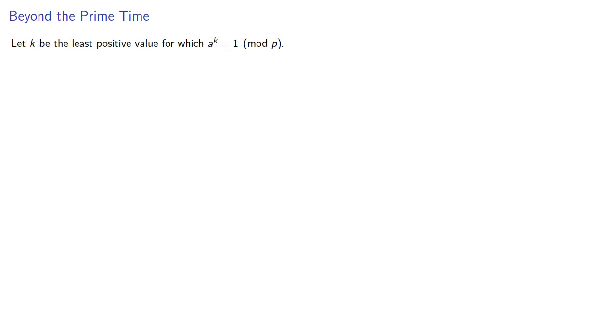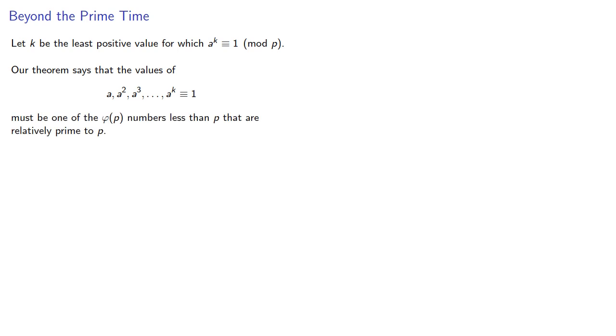So let k be the least positive value for which a to the k is congruent to 1 mod p. Our theorem says that the values of a, a squared, and so on must be among the phi of p numbers less than p that are relatively prime to p.